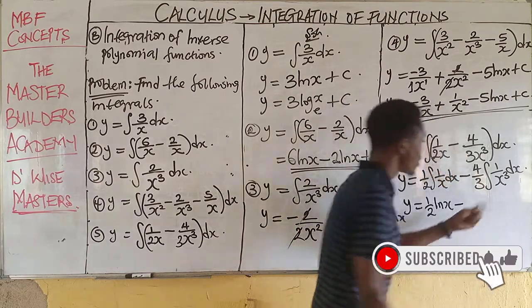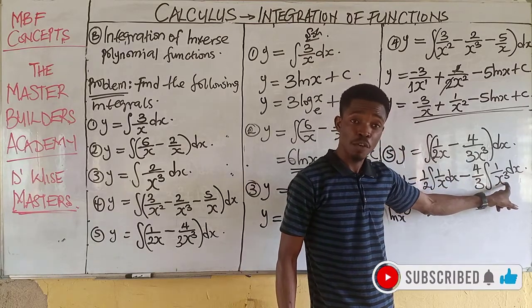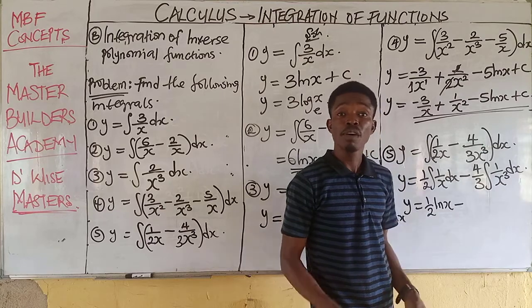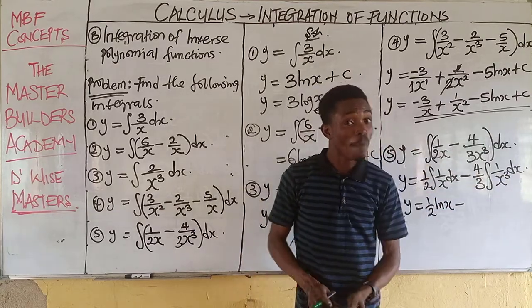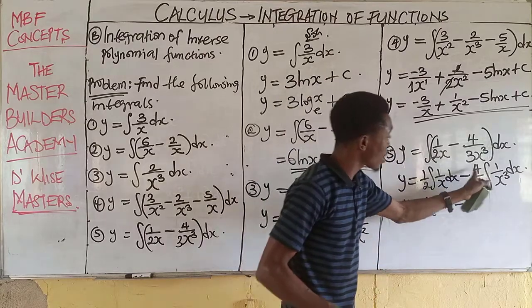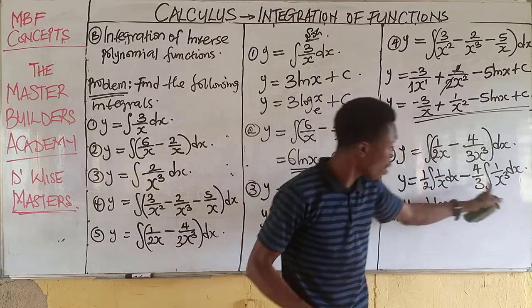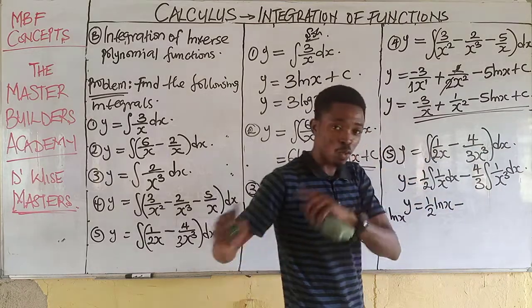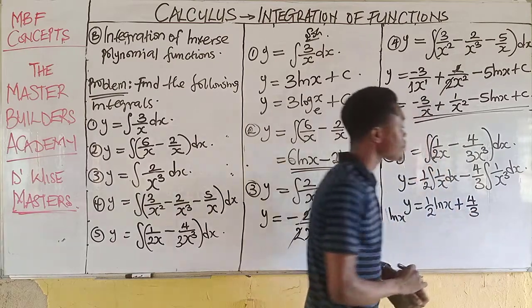Now listen carefully. What you do here, the power of this function that we are integrating is more than 1. And when the power is more than 1, you must multiply the numerator by minus 1. So when we multiply, don't forget that this minus 4 is the numerator of this function. So when we multiply minus 4 by minus 1, we have a positive 4 over 3.